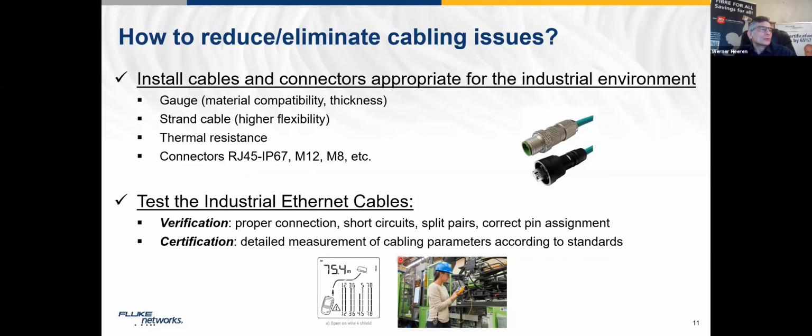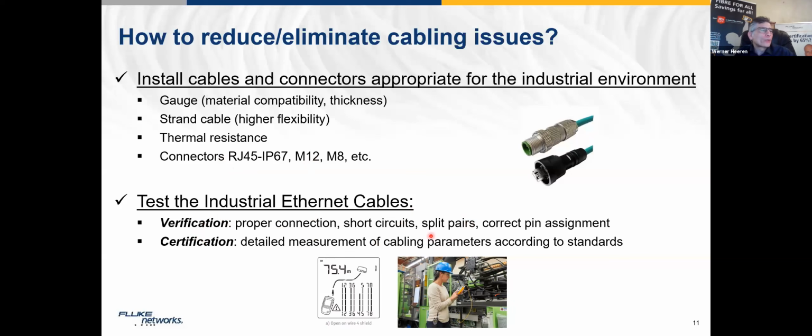Use Ethernet cables, test them, verify them, certify them, qualify them. Verification, if you remember from previous webinars, means checking that there is no short circuit, that the pairs are correctly connected, wire map, and length.